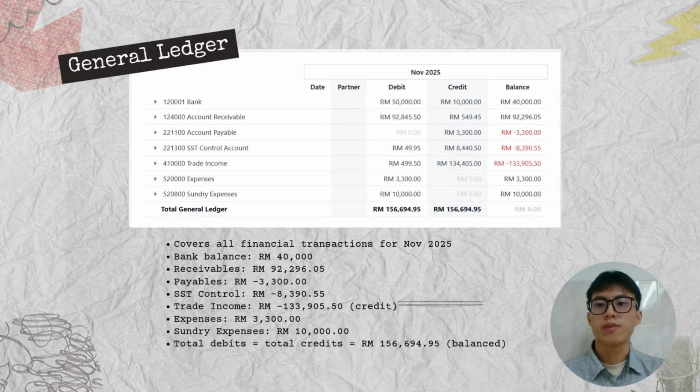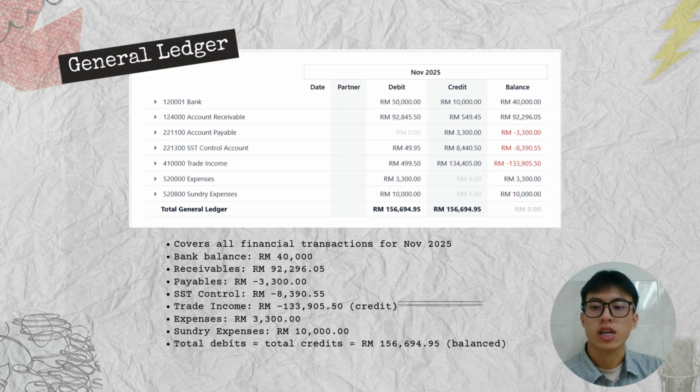The general ledger provides a complete summary of all financial transactions recorded during the month. The bank account reflects the company cash movement, while accounts receivable shows outstanding customer payments still to be collected. Accounts payable captures the company's obligation to suppliers.